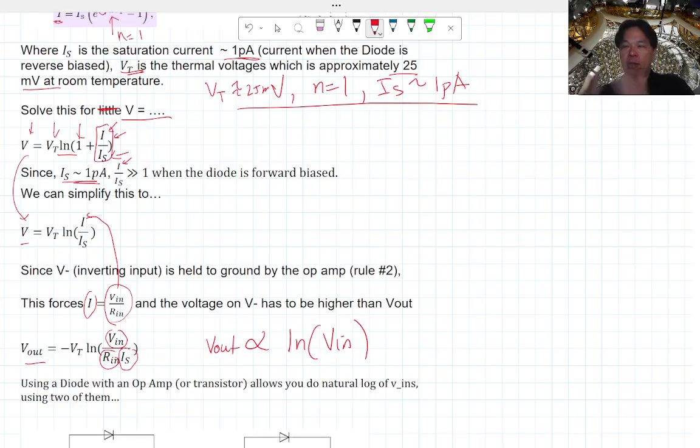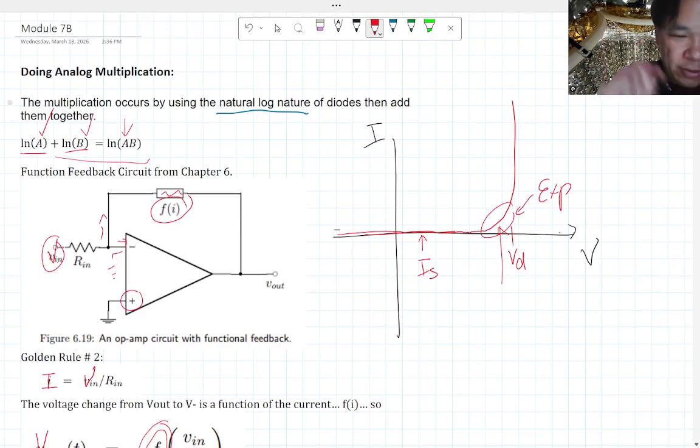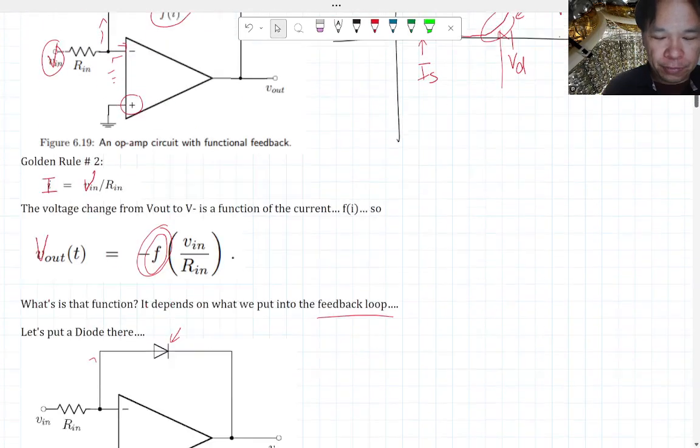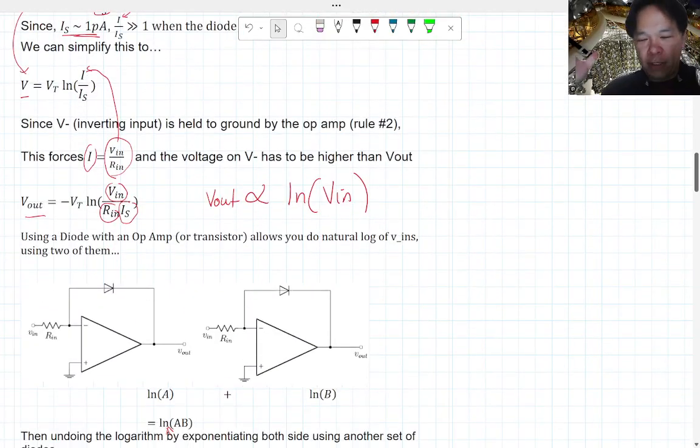Okay, so now you have a circuit where whatever your input is, the output is going to be proportional to the natural log of it. So going back all the way up here, we accomplished this. We can do this natural log stuff now. Of course, you have two inputs. If you want to multiply two things together, you need two of them.